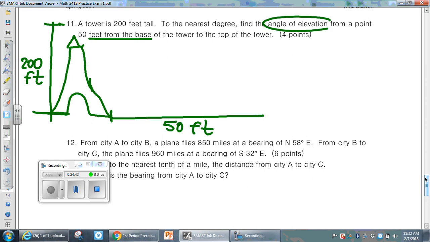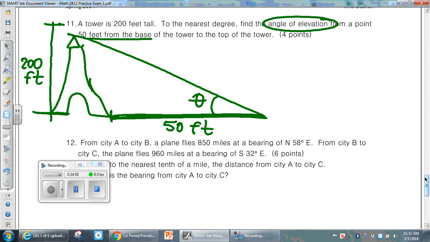That will be the angle formed between this line and the ground, and it goes up to the top of the tower. That's the angle of elevation. If we talk about an angle of depression, it will be something like that, from the tower down. From here to here, that will be the angle of depression.